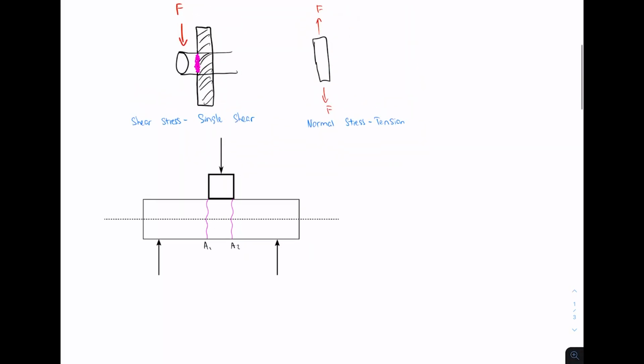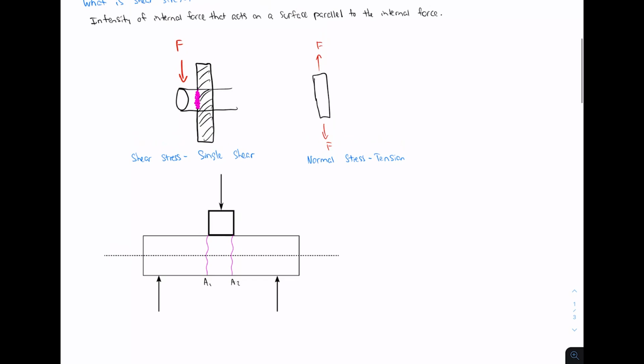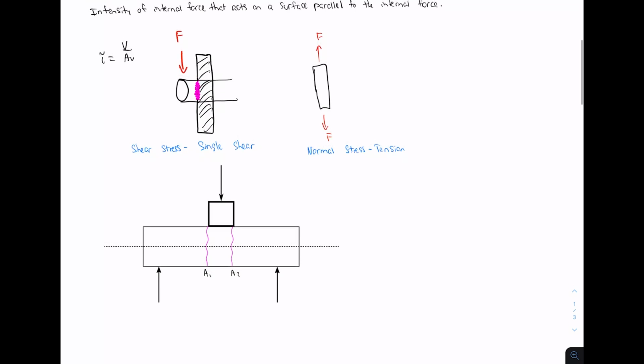To find shear stress, if we have a single shear, we would have tau equals V over A_V, where V is the shear force and A_V is the area that's exposed after this shear fracture. For the case of double shear, we have 2 surfaces, so all we have to do is put a 2 right before the area.